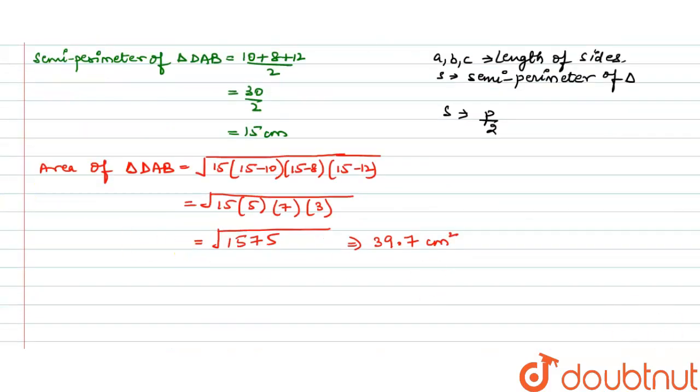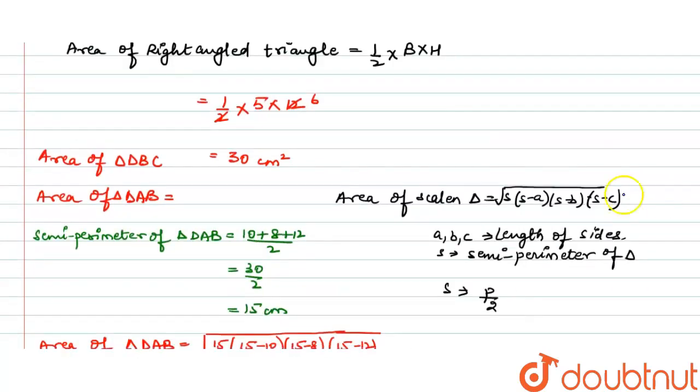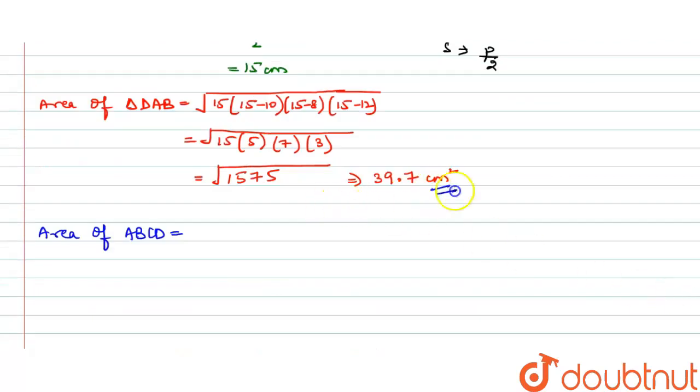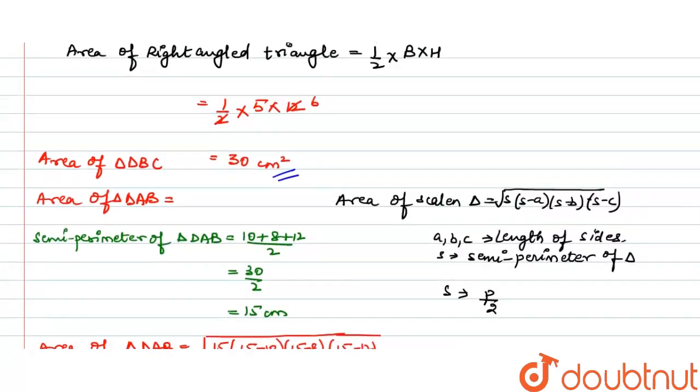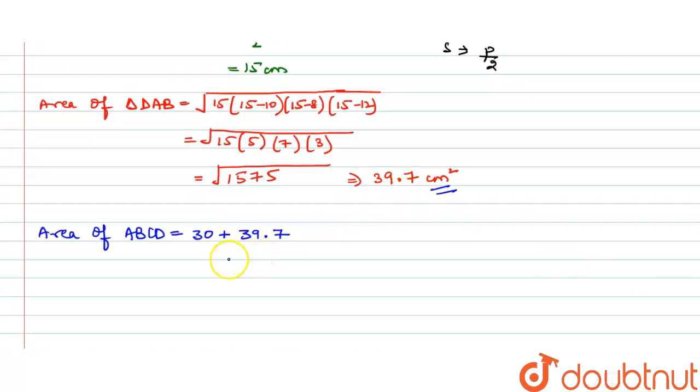So area of ABCD is area of DBC plus area of DAB. So this is 30 plus 39.7. Because the upper part came out to be 30 centimeter square and this is 39.7, so when we add this will become 69.7 centimeter square approximately. This is our answer.